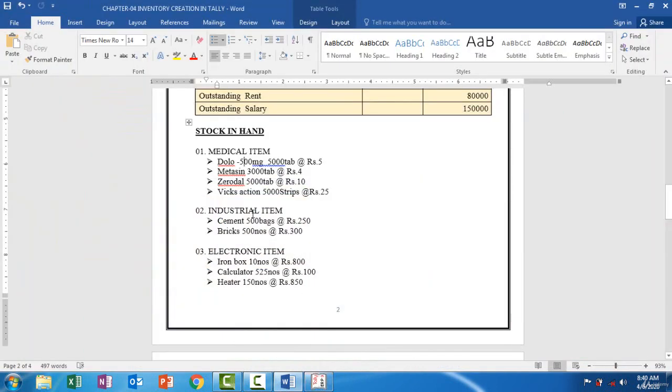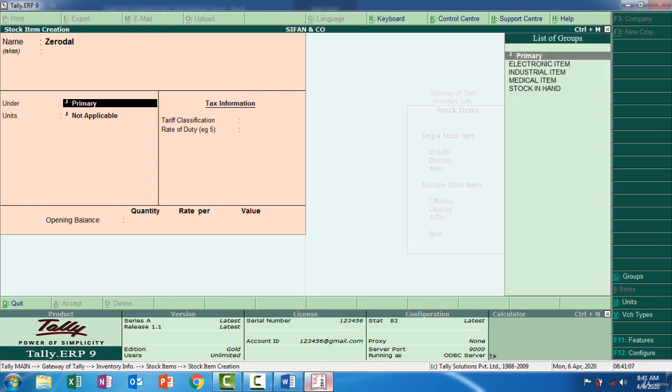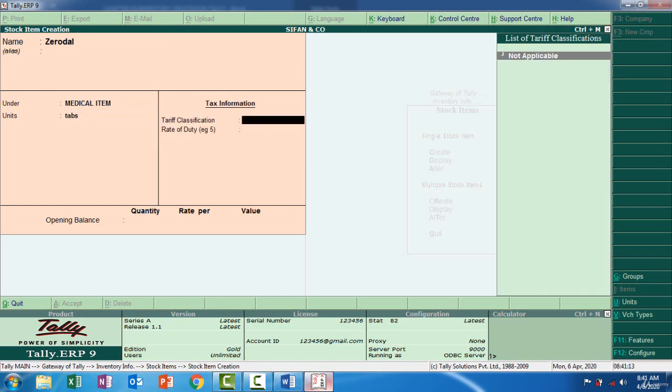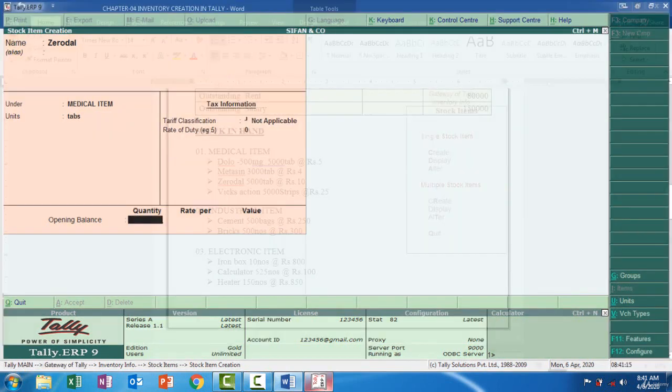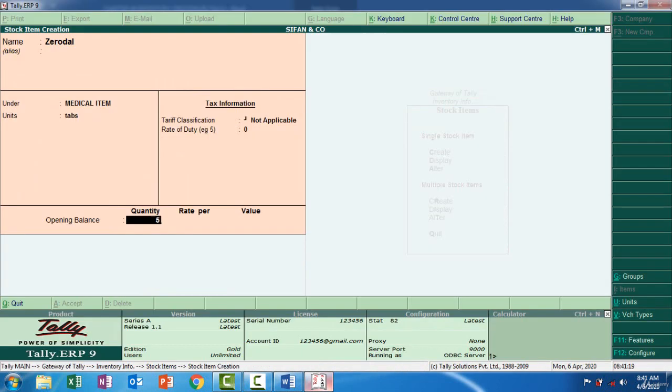The next one is Zerodol. It is coming under the medical item, so it's measured by the tabs, and then quantity is 5,000, the rate is 10 and total 50,000, then accept yes.